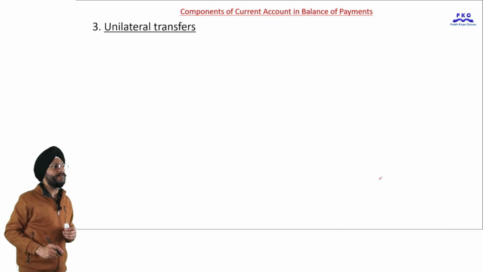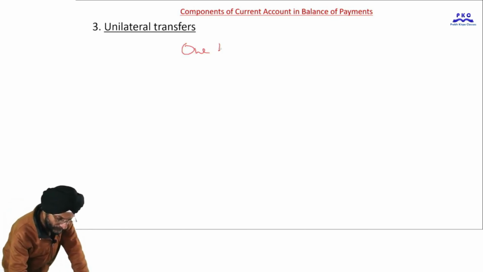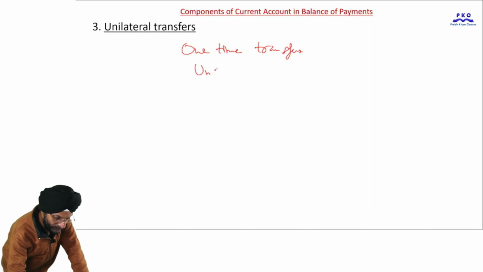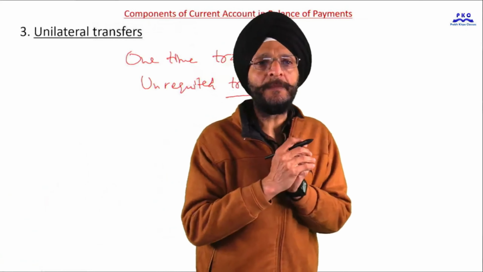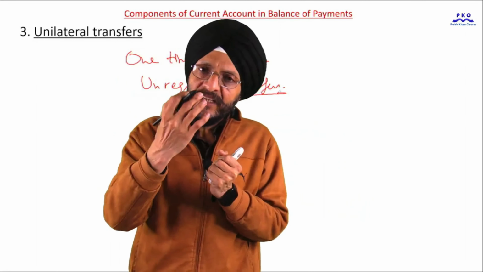Then unilateral transfers. Unilateral transfers are one-time transfers. They are also known as unrequited transfers. Why? Because these transfers are made without the expectation of getting anything in return.